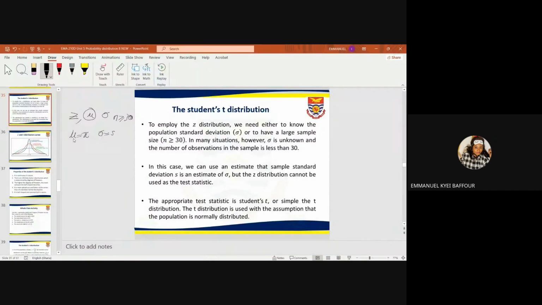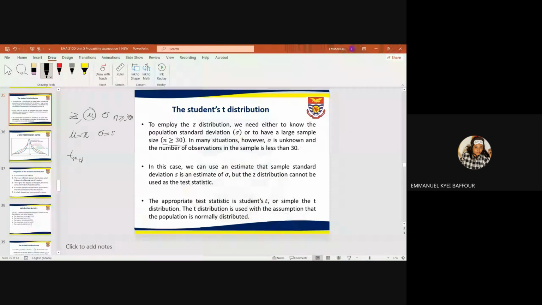So if we can approximate all this using the statistics, and the sample size is less than 30, then we resort to what we call the T distribution, or the Student T distribution. The Student T distribution works with degrees of freedom. Your degrees of freedom is given as n minus 1.